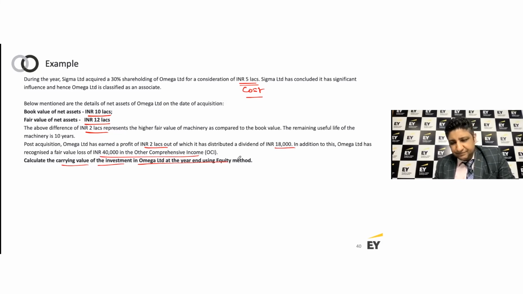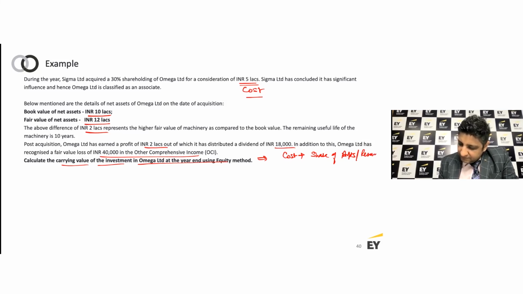We said under the equity method, we will have the original cost and the share of profits or reserves, subject to any dividends, right? That's a recovery of the investment that you have made.